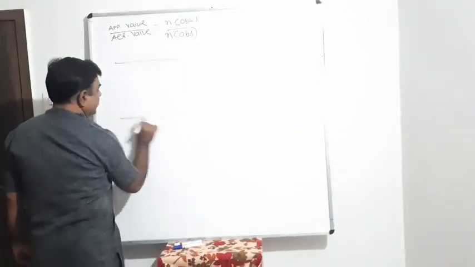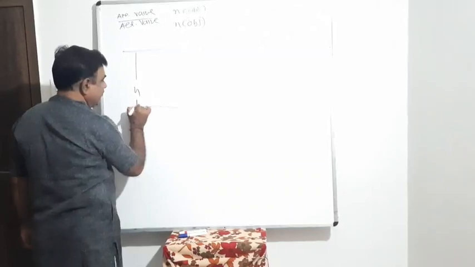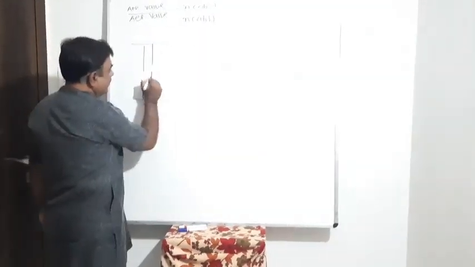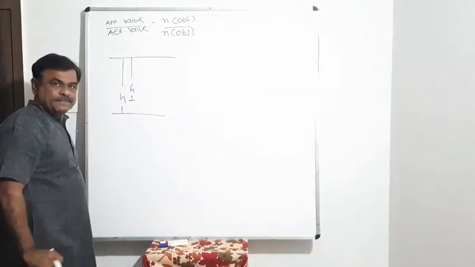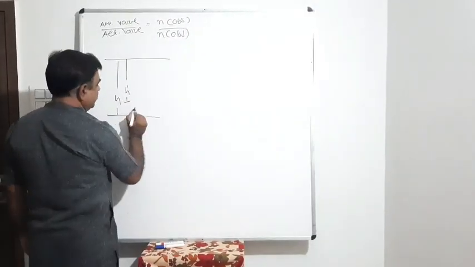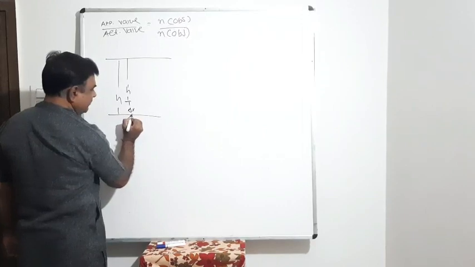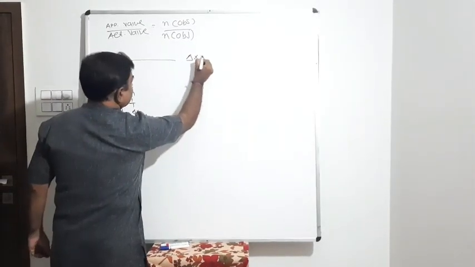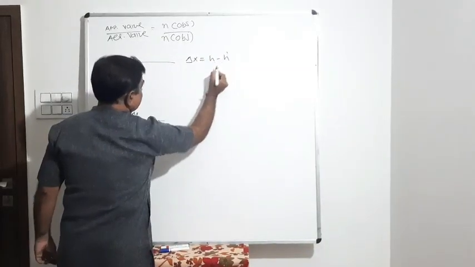On the basis of this, if the observer is in air, then we have used this. Let's say the object is at actual depth h and it appears at h dash. Then what is the upward shift? This one is the upward shift delta x. Then you can give upward shift delta x is equal to h minus h dash.